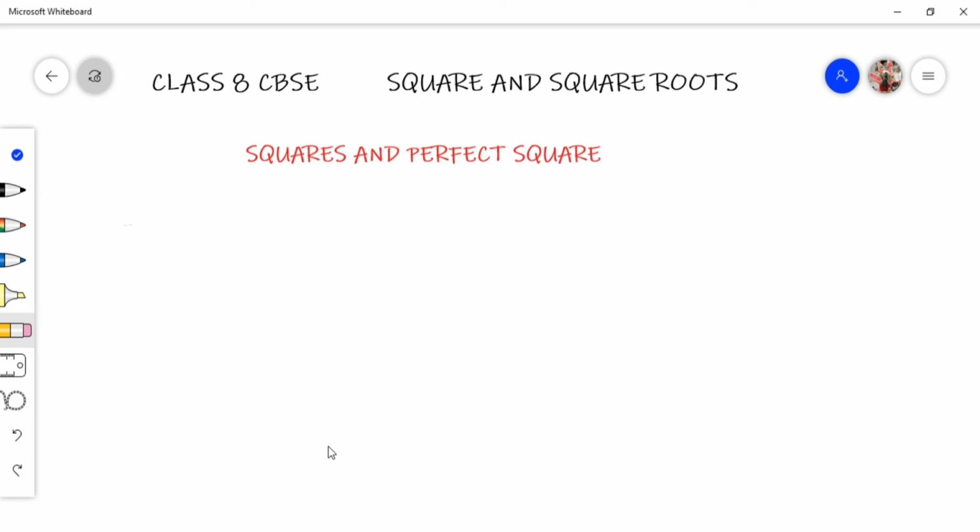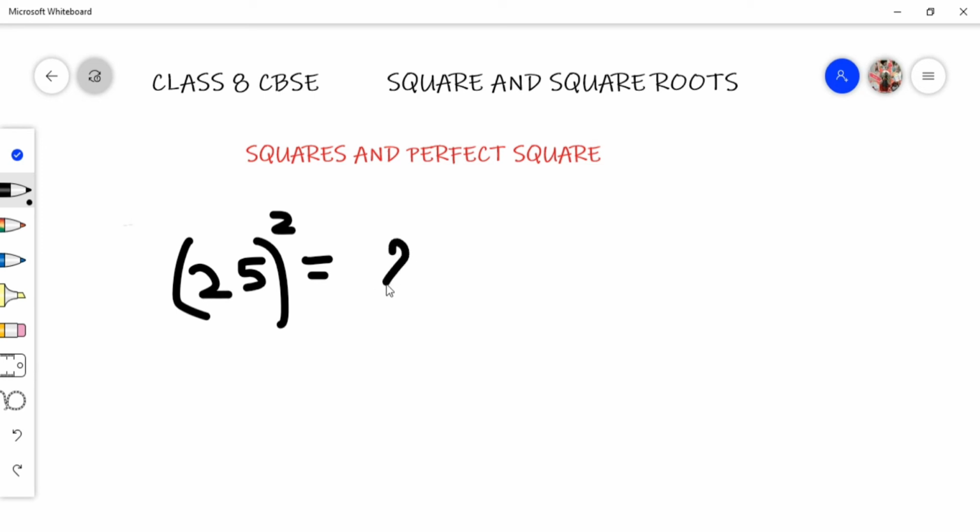The square of a natural number ending with 5 follows a definite pattern. For example, 25. The square of 25 is equal to 2 into 3, 100, plus 25.